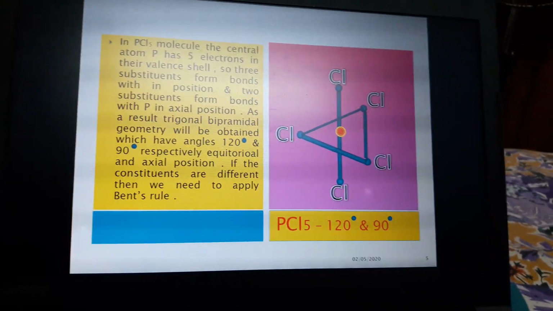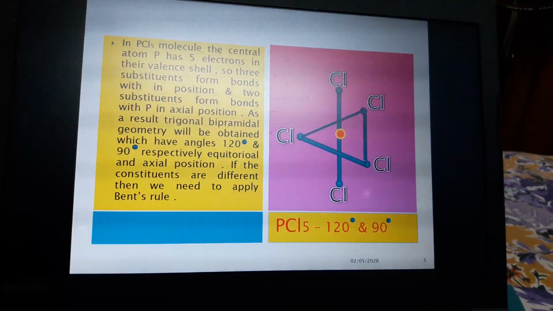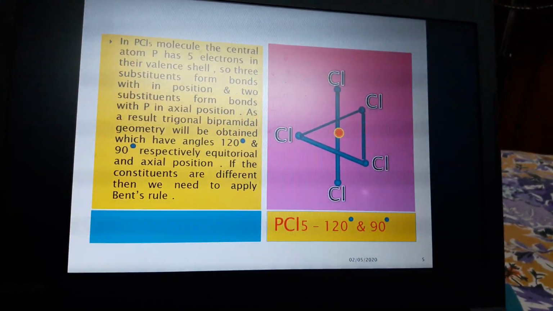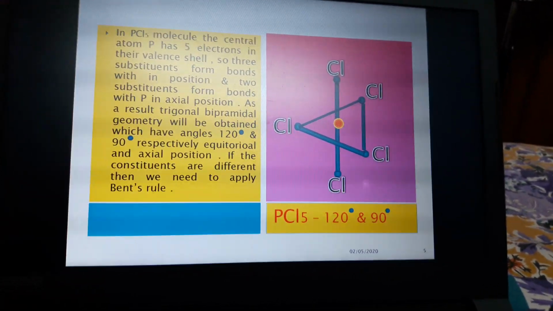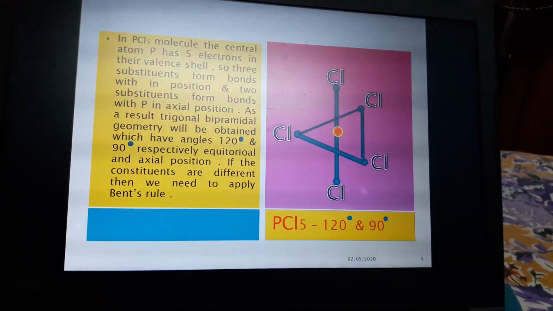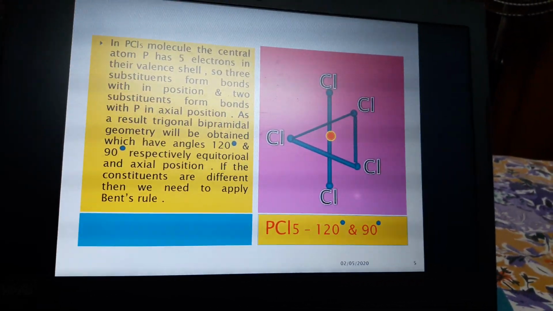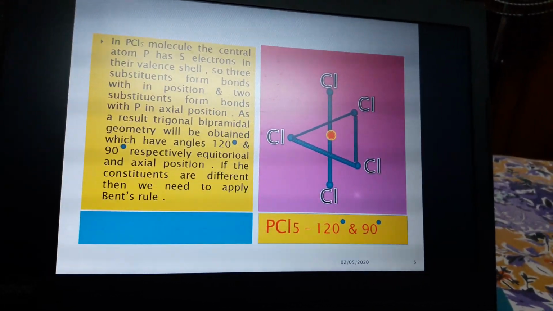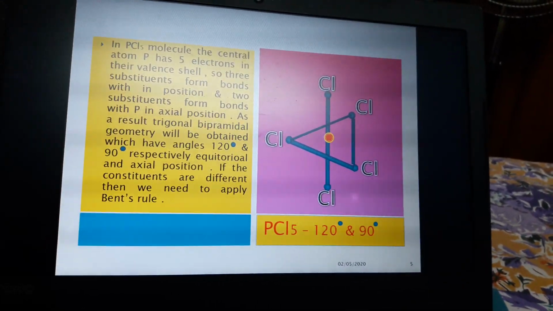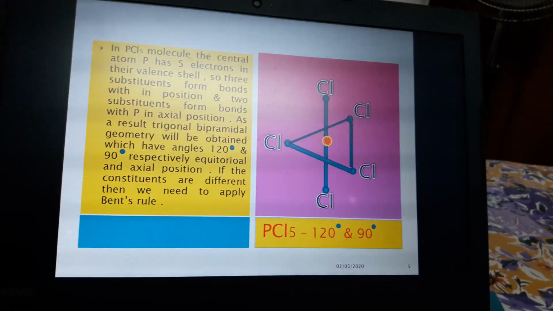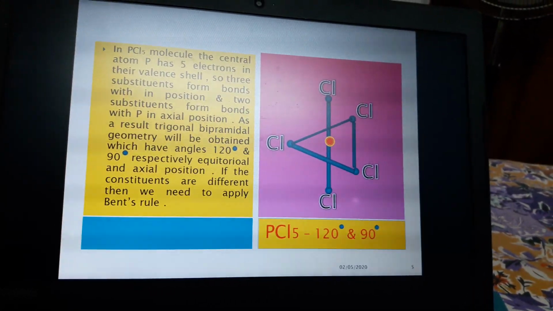In case of PCl5, phosphorus pentachloride, the central atom phosphorus has 5 electrons in its valence shell. So 3 substituents form bonds in the equatorial position and 2 substituents form bonds in the axial position.